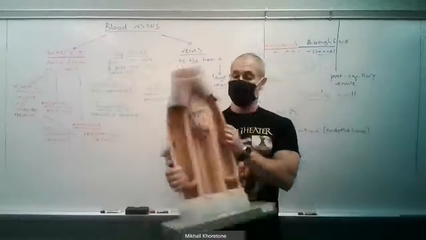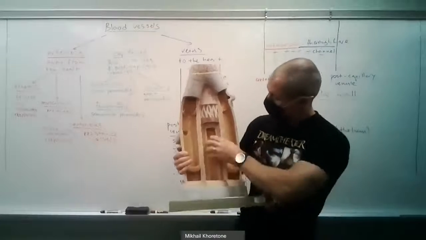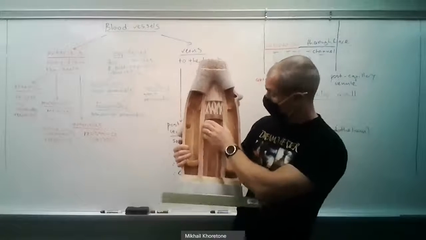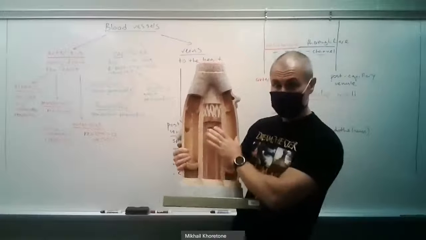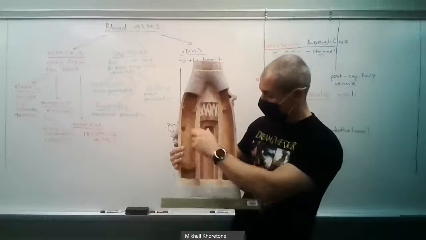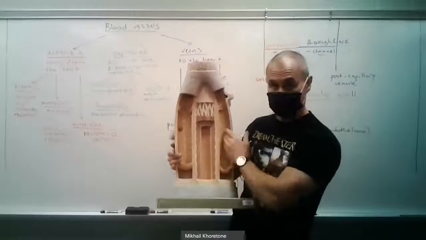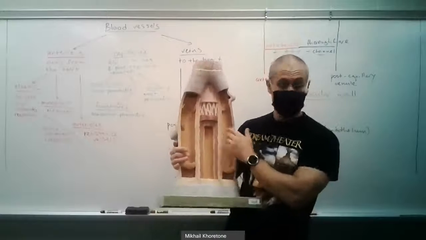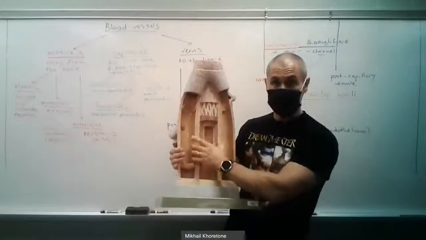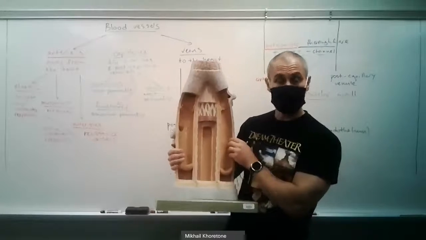Here on the model, okay, this is artery, can you see that? Those are veins. So tunica intima is basically this endothelium. It's a simple squamous epithelium, cells that line it on the inside. Does that make sense?